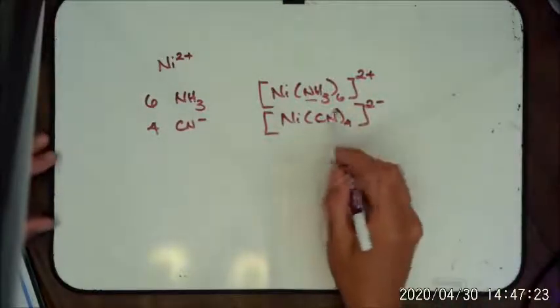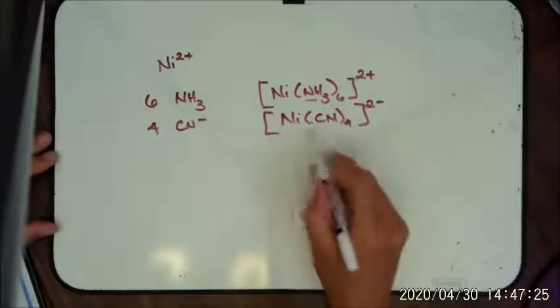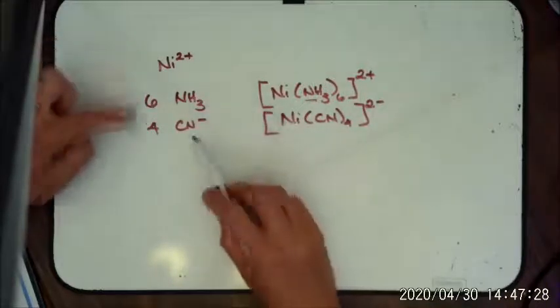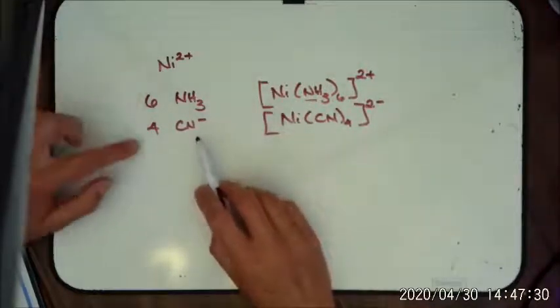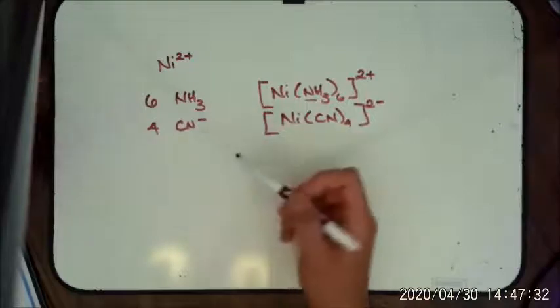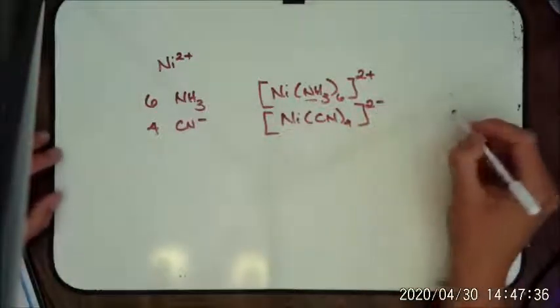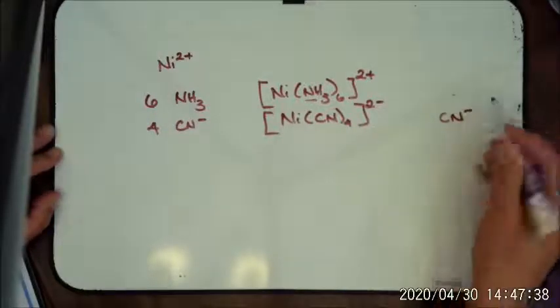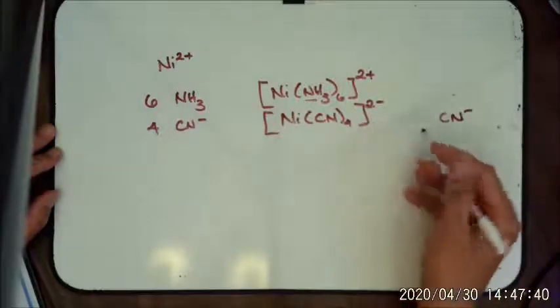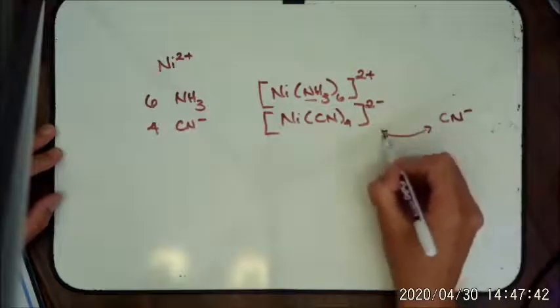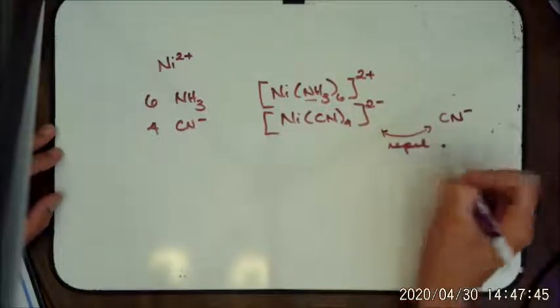Here with only 4, as I put on my cyanide, remember it's a nickel 2 plus. As I add in and bond to my cyanide, I'm decreasing the charge on the complex. So here's a 2 minus. If I have another cyanide come into a 2 minus complex, they're going to repel each other because they are like charges.